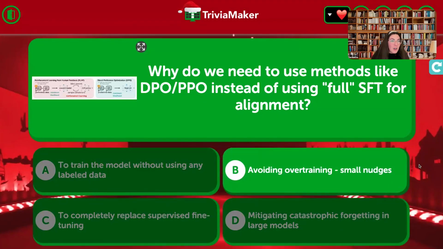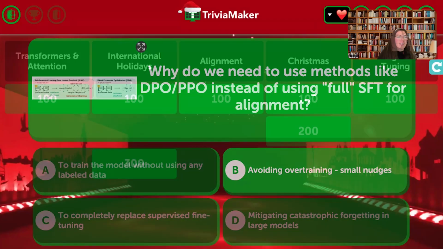It's B, avoiding overtraining, small nudges.